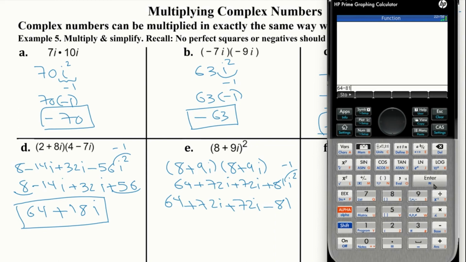You can always do it by hand, that's fine. So that's -17. And that's just going to be 2 72s, which is 144, plus 144i, okay?